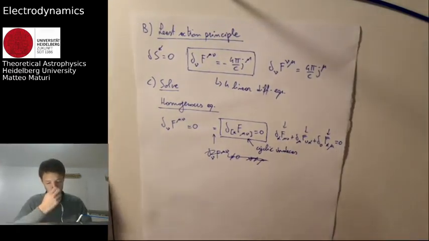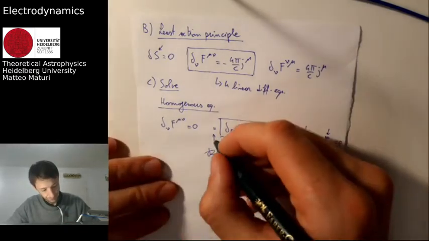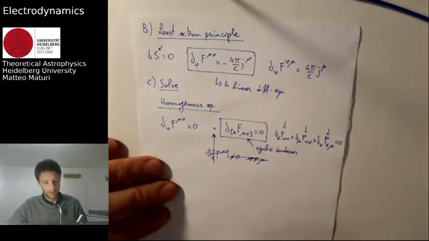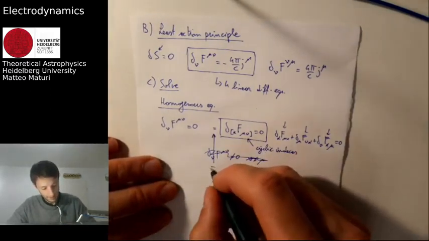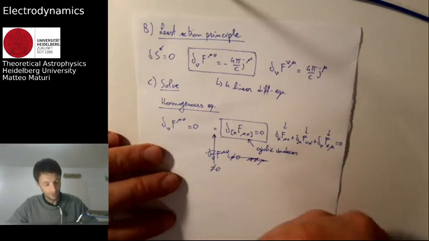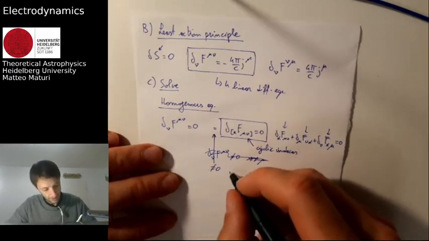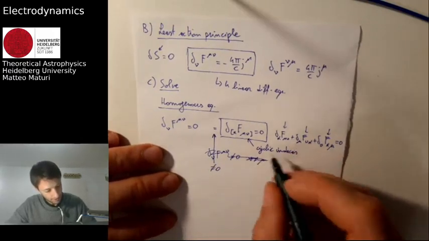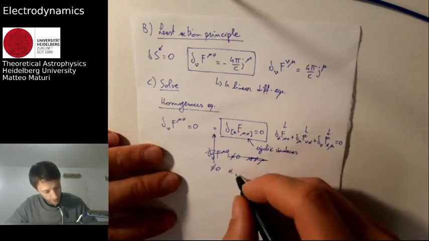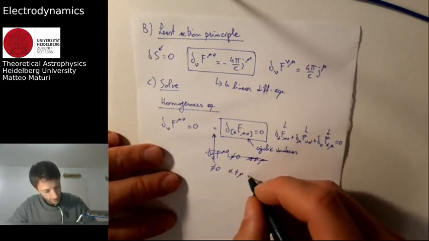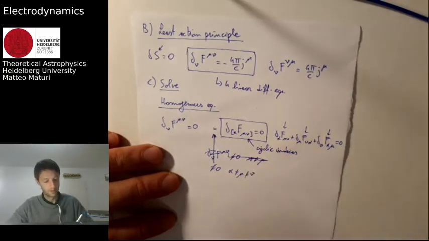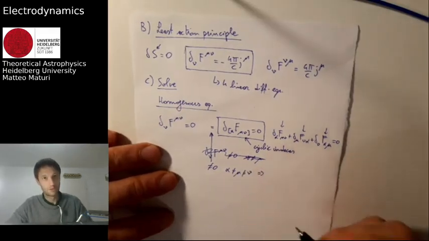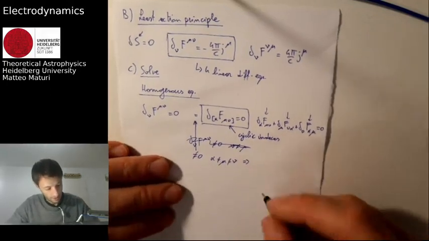But then what do we have? Our derivative of F_{μν} is going to be different from 0 if and only if α, μ, ν are all different from each other. And this leaves us with 4 independent equations.